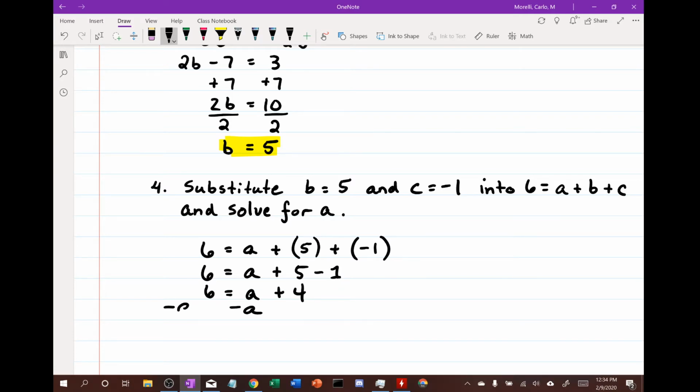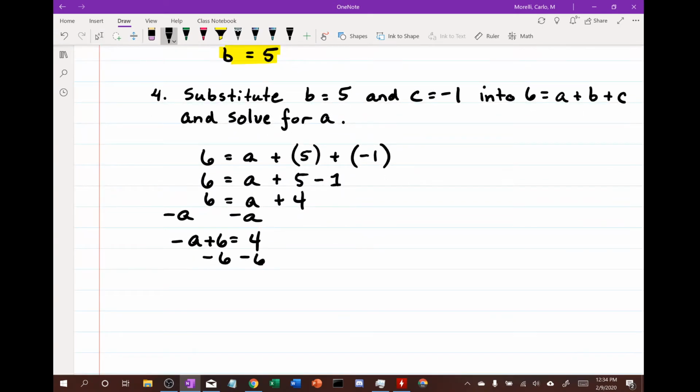Subtracting a from both sides, I get -a plus 6 equals 4. Minus 6 on both sides gives me negative a equals negative 2. Multiplying the equation by negative 1 gives me a equal to 2.